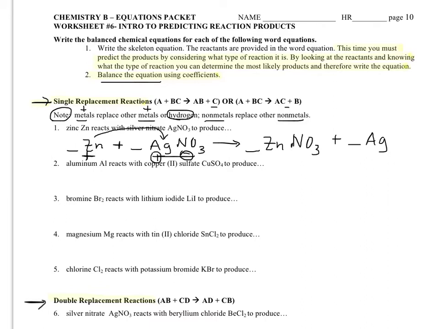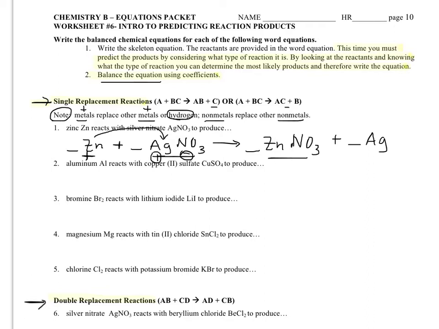Now, the one other thing we need to be very careful of, and this is a pitfall for a lot of students, is when you combine two things, like here we've stuck zinc and nitrate together, you have to think about their charges. You cannot just assume that one zinc and one NO3 are going to combine.